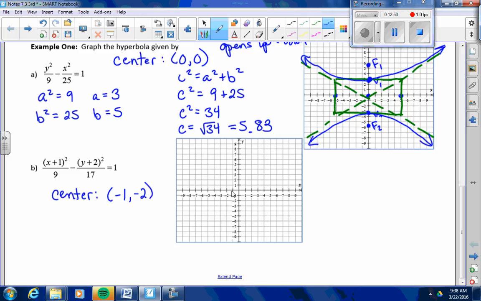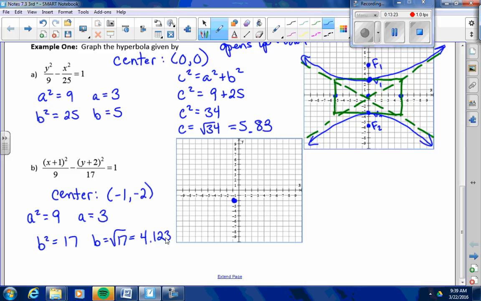So negative 1, negative 2, plot the point. What is a squared? A squared is 9, therefore a equals 3. What is b squared? Therefore b equals square root of 17, and that value is approximately 4.123.